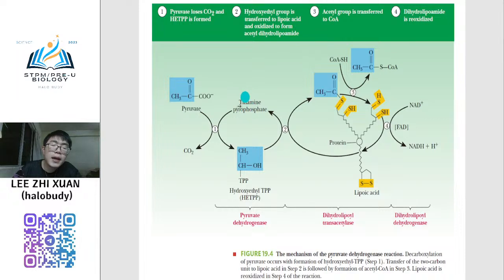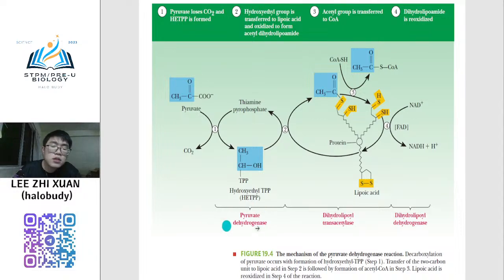TPP is actually thiamine pyrophosphate. The pyruvate will remove carbon dioxide gas, and the remaining two carbon chain will be substituted by thiamine pyrophosphate into the original pyruvate molecule.